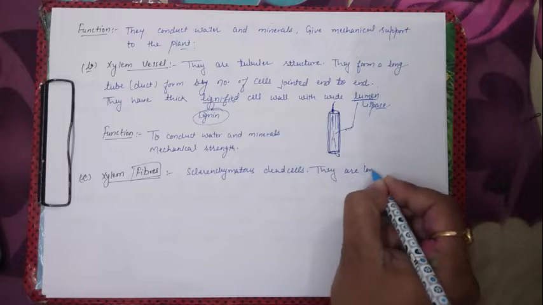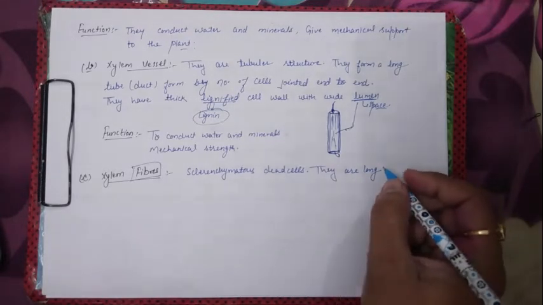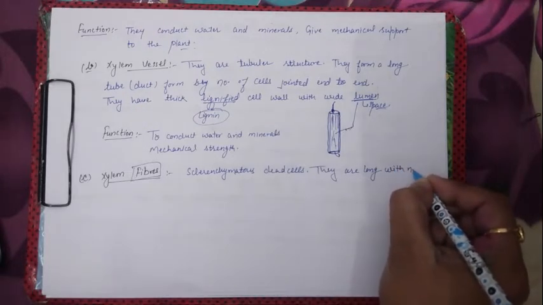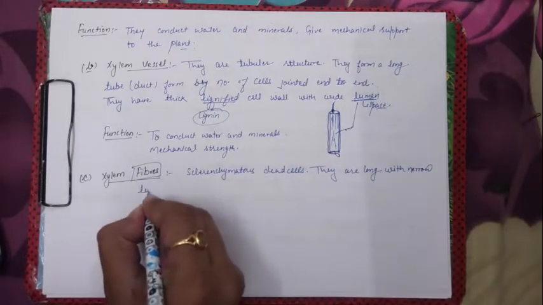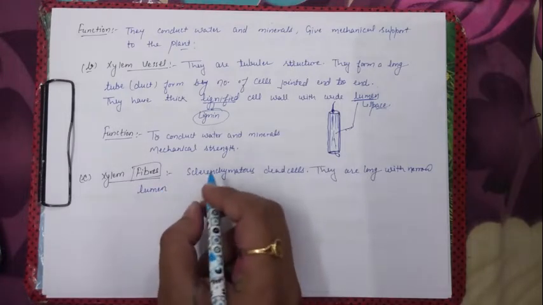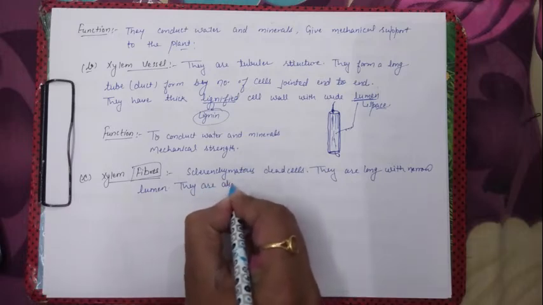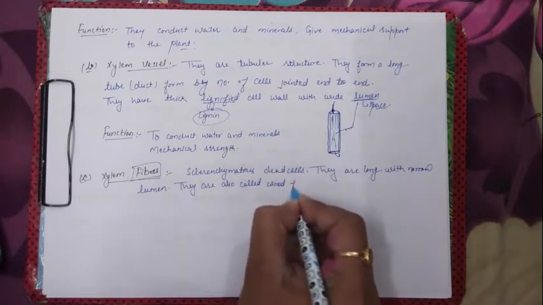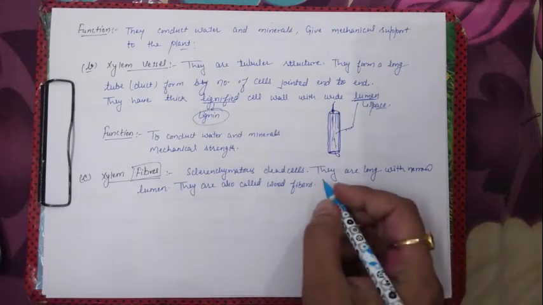They are long fiber-like structures with narrow lumen. They are also called wood fibers.